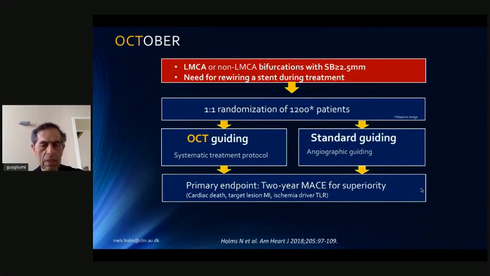Where are we with OCT? This is the study that is extremely advanced. OCTOBER is 1,200 randomized patients, one-to-one OCT guidance versus standard guidance, left main or not left main bifurcation with a major side branch, and the primary endpoints were clinical.